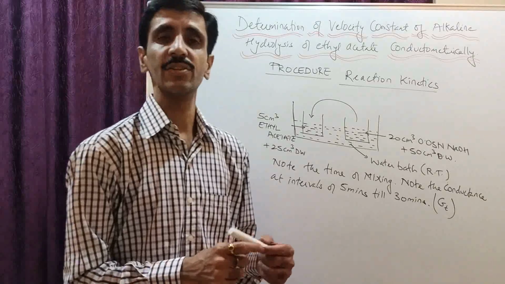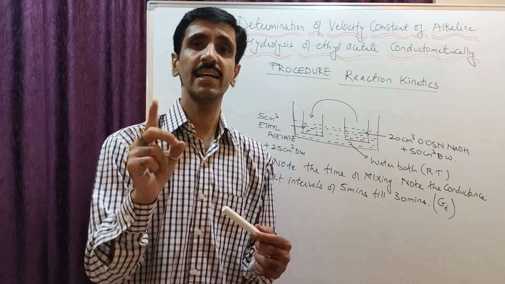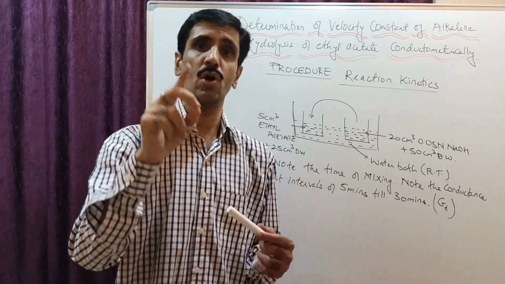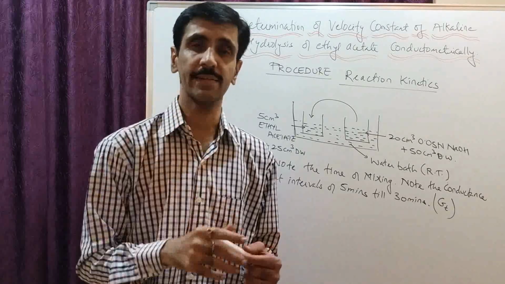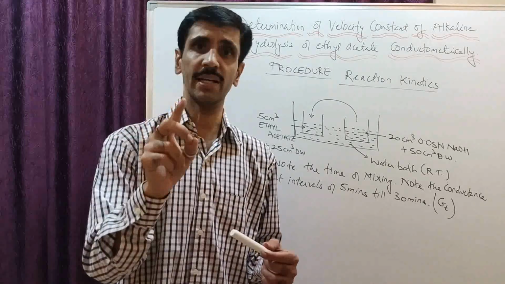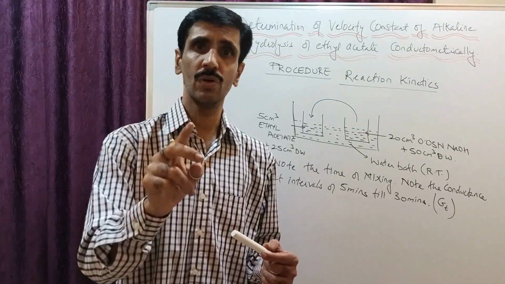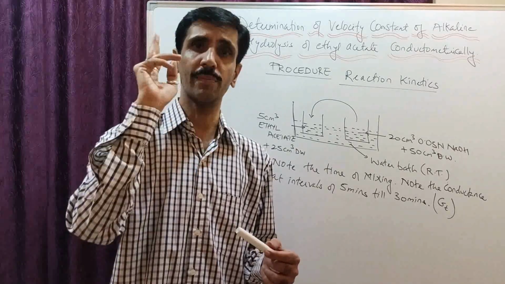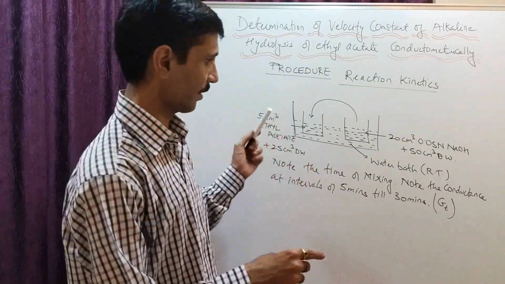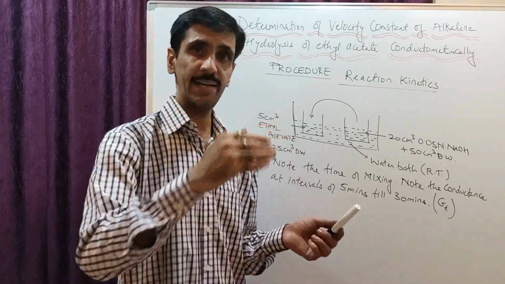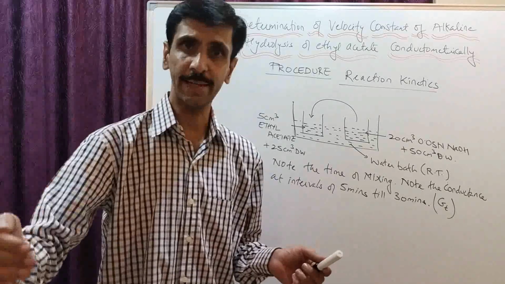So what was G infinity? It was the conductance value of 0.01 normal sodium acetate. What was G0? The conductance value of 0.01 normal NaOH. And GT are the different conductance values at every interval of time.